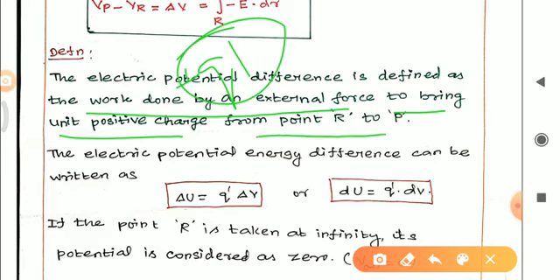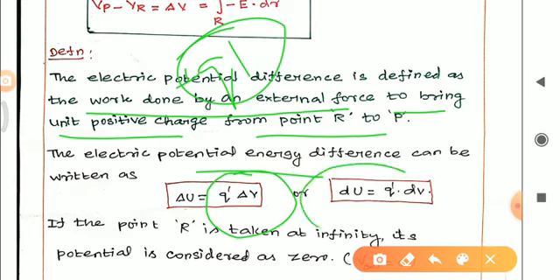Already we have considered plus q dash as the test charge, with magnitude 1 coulomb. So this is the definition of potential difference. The electric potential energy difference is given by del u is equal to q dash into del v, otherwise du is equal to q dash into dv.